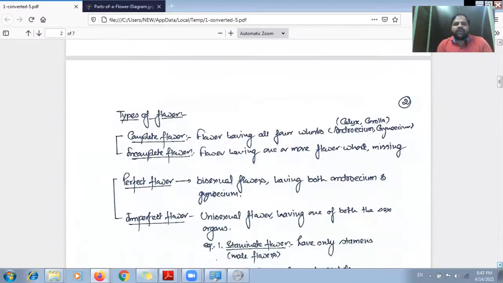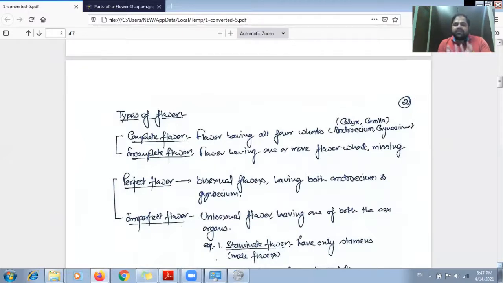Now, again, the flowers have been divided into categories on the basis of presence or absence of the whorls. So here again the flower can be divided into two categories: complete flower and incomplete flower. So complete flowers are those flowers which are having all four whorls, means calyx, corolla, androecium and gynoecium.